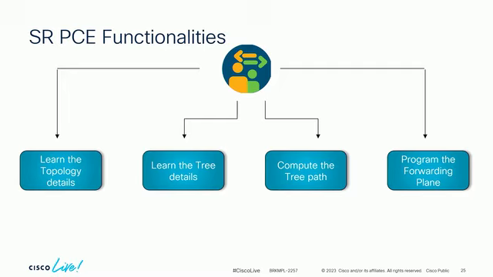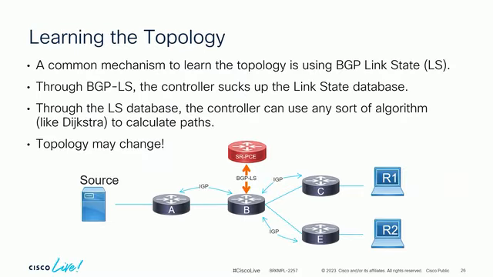The next one is to learn the tree details. The tree details: what is the root node? What are the set of leaf nodes? And what is the candidate path information, like what type of traffic or services are required for this particular traffic? Once we have the topology details and the tree details, the third step is to compute the path and instantiate the relevant state entries on the relevant devices. We'll look into each of these steps.